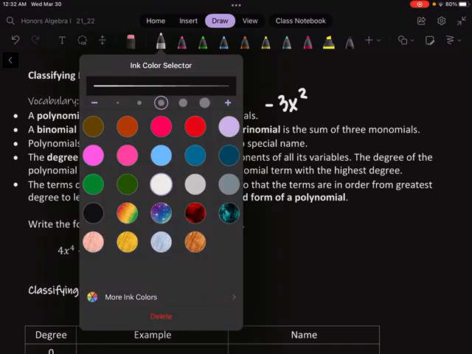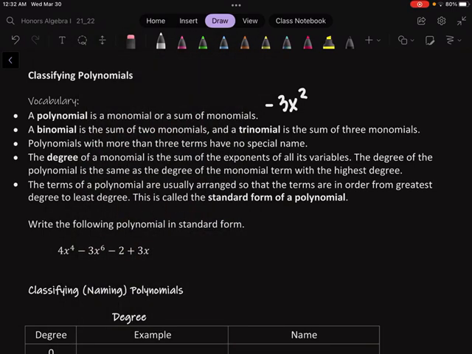It has no addition or subtraction with it, so therefore it's considered a monomial. Then we've got a binomial, which is a sum of two monomials, and a sum can have negatives, which in turn changes it to subtraction. And then a trinomial is the sum of three monomials.